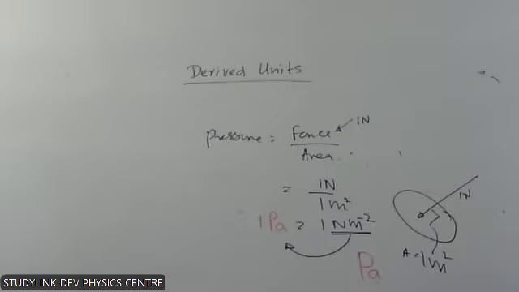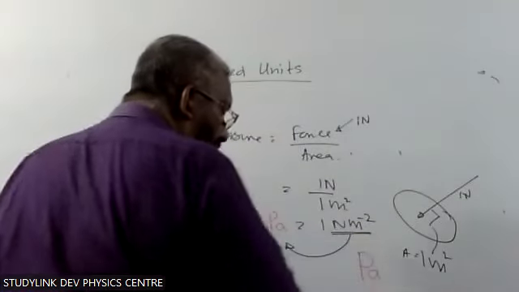Right. Now we know that 1 Pascal is equal to 1 Newton per square meter.